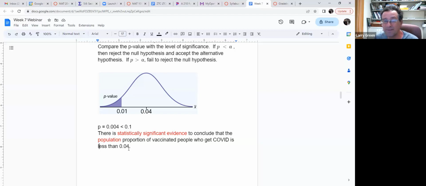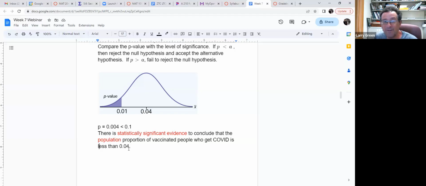Okay, I do want to mention something. At this point, can there be a type 2 error? After this statement, can there be a type 2 error? The answer is no. Because a type 2 error means you failed to reject the null hypothesis when the null hypothesis was false.